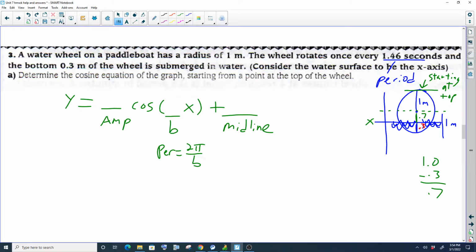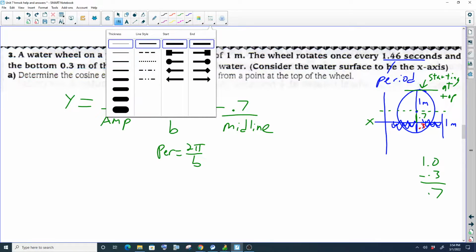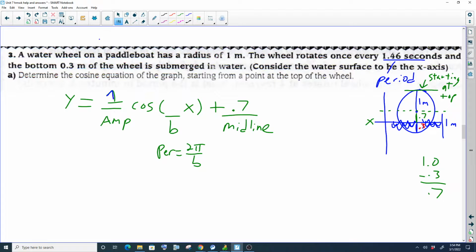So we have a midline above of 0.7. Nice. The amplitude is the radius. How high up, how high down? Our amplitude is just 1. So we have an amplitude of 1 and a midline of 0.7.